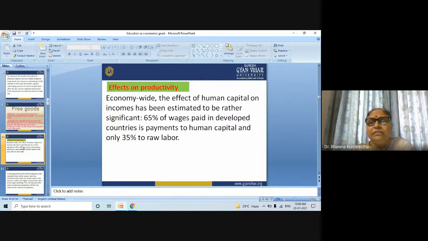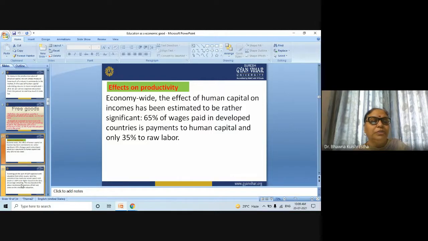And the higher productivity of well-educated workers is one of the factors that explain higher GDPs, and therefore higher incomes, in developed countries. A strong correlation between GDP and education is clearly visible among the countries of the world.